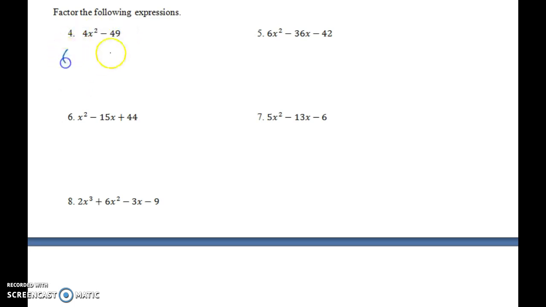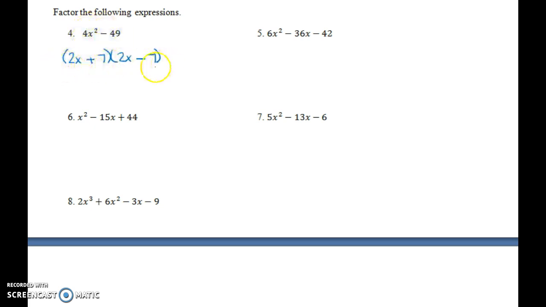So the next thing I want to know is what parentheses would make those two happen. I noticed that both of these are perfect squares, so I'm going to try a 2x and a 2x to get 4x squared. The only thing I can think of that multiplies to 49 other than 1 and 49 is 7 and 7. And because it's a negative 49, I make them opposites. This is considered a difference of perfect squares.